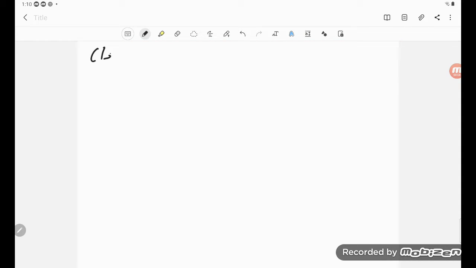Here's cleanup, or finishing up, of what I think is section 1.1.